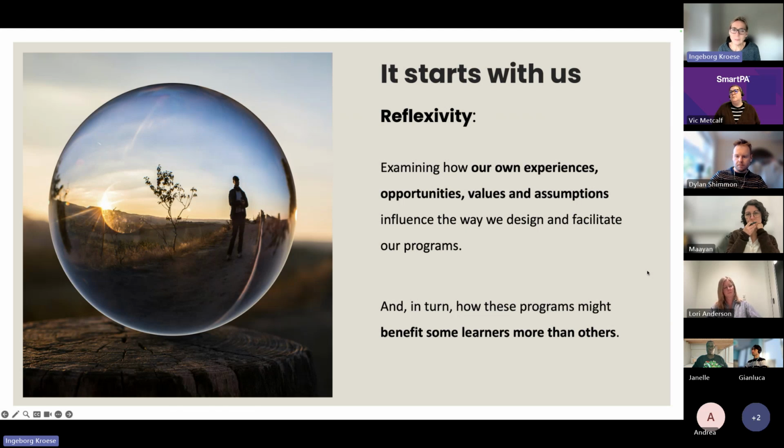And I think this is important because we have our positionality. I shared with you my positionality at the beginning, where I'm coming from, which impacts the way that I see the world. And I have many privileges in this world that may influence how I design my program, and things I take for granted that my learners are able to do or see, which may or may not be true.